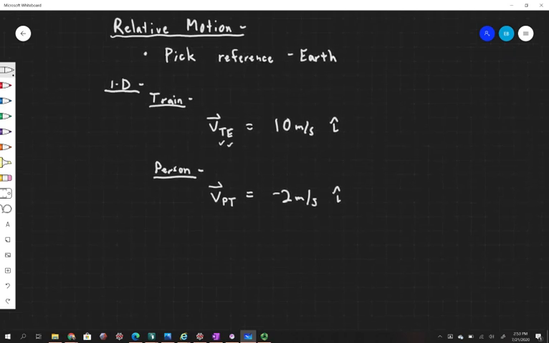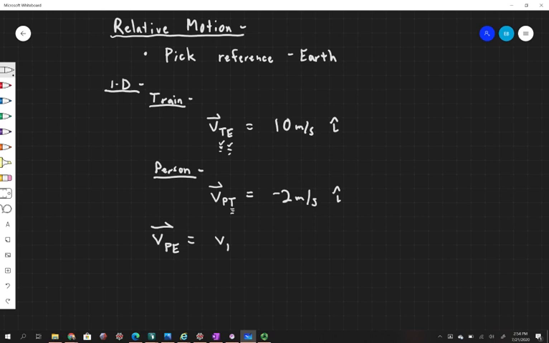So now, in relative motion, we would ask the question, okay, I'm going to use Earth as my reference point. So what is the velocity of the person relative to the Earth? And here we can see why I chose the subscripts that I did. I can imagine that these middle variables, these reference points that are in common between the train and the person, are going to cancel each other out.